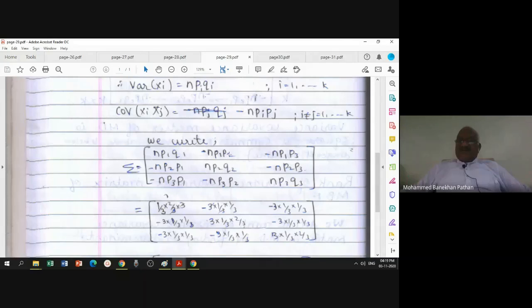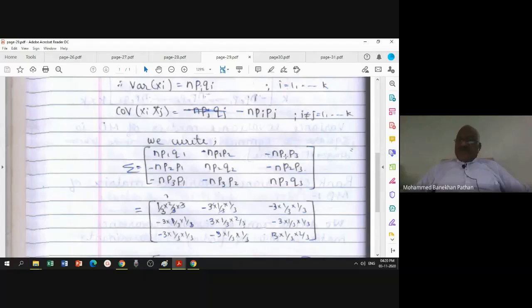It is first row, second column, so it is a covariance: minus n p1 p2. J is for column, I is for row. So first row and second column, the answer is minus n p1 p2.